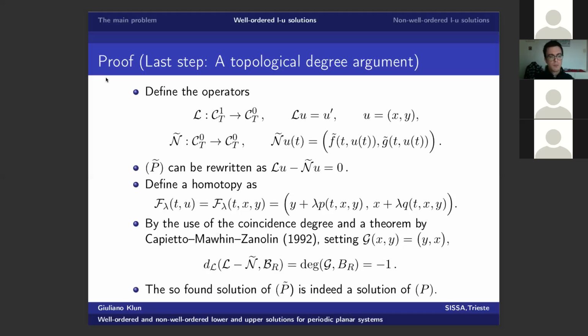So we have found a solution of P tilde because the degree is not 0. But this solution of P tilde is also a solution of P because we are able to prove that the solution we have found remains bounded in the region in which the problem has not been modified.